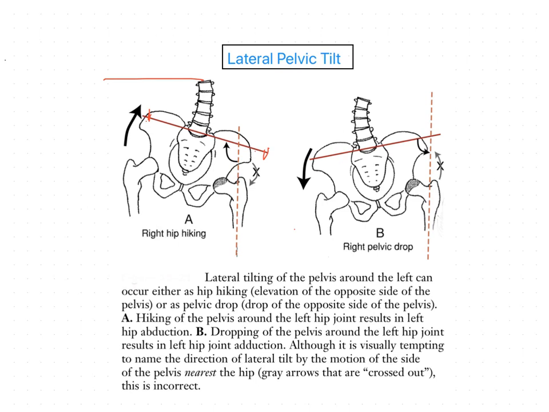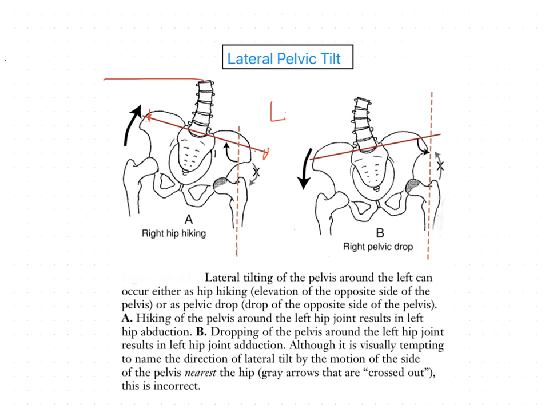opposite iliac crest elevates, which here means hiking, or drops, which is called pelvic drop, around that pivot joint. So for example, here we are taking the left hip joint as the axis. We will call it the support.